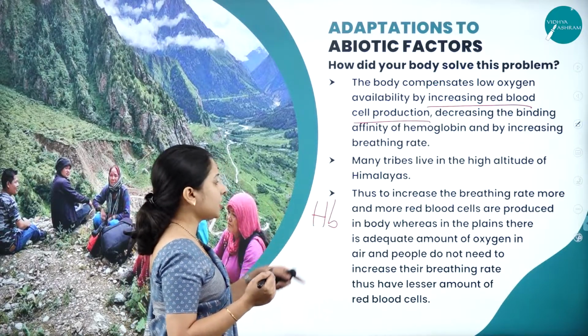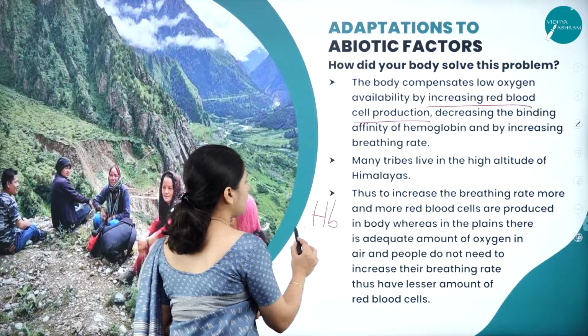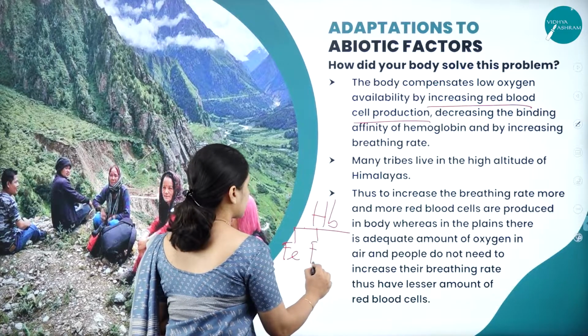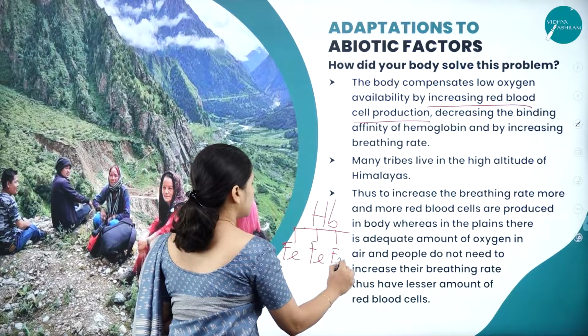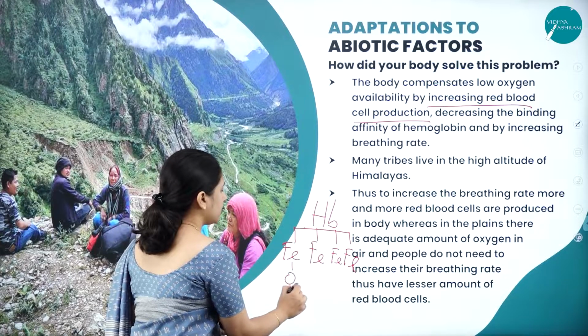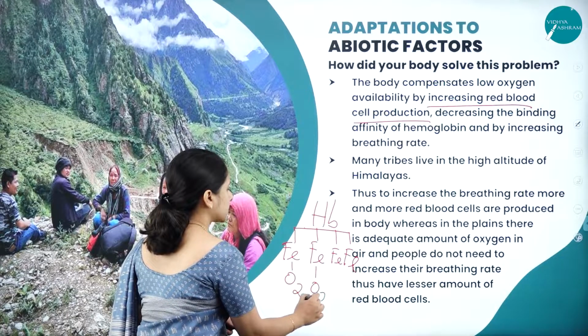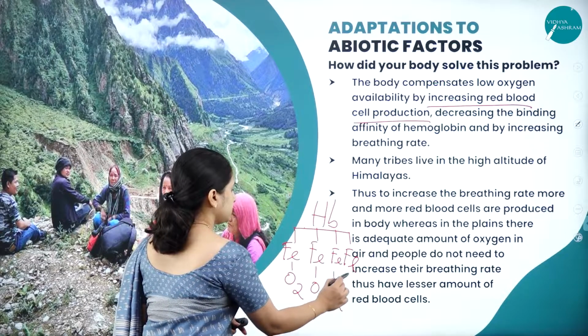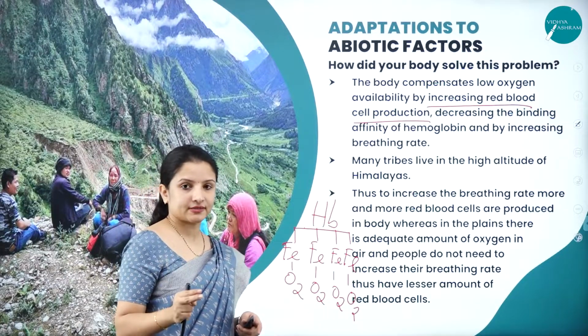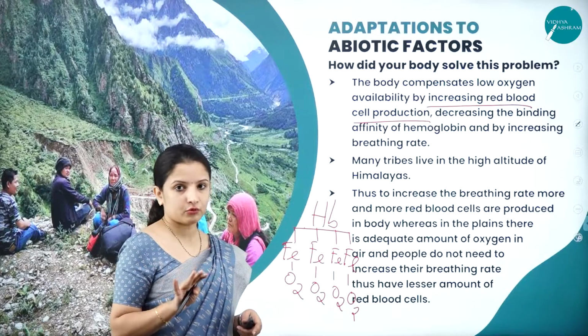Every hemoglobin molecule is made up of 4 iron components, and each iron component is capable of receiving 1 oxygen. Therefore, one red blood cell will carry 4 oxygen molecules.